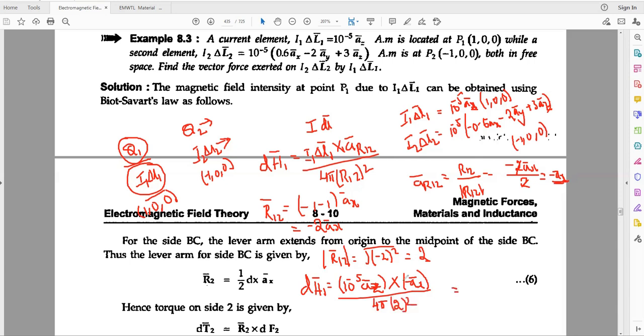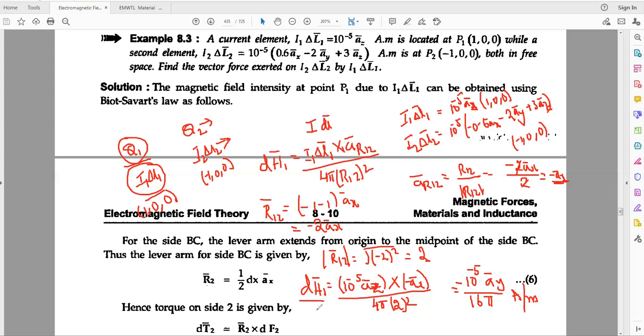Got it, my students? We have 10 power -5, AZ bar cross -AX bar. Z cross X is AY, so the cross product is AY bar, divided by 4 times 4, which is 16 pi. The minus is already there. Now we got dH1 bar equal to -10 power -5 AY bar divided by 16 pi, in ampere per meter.